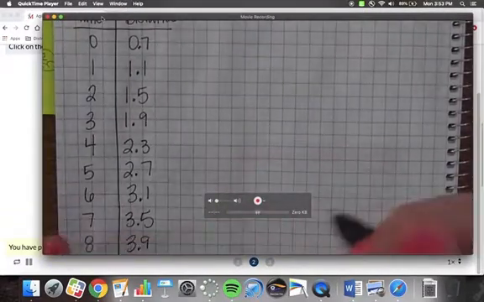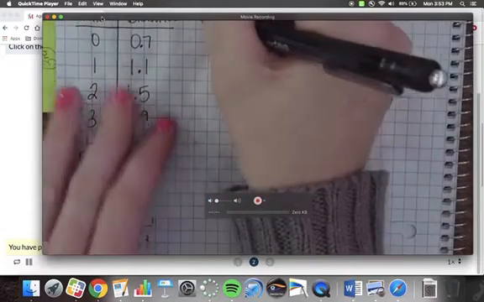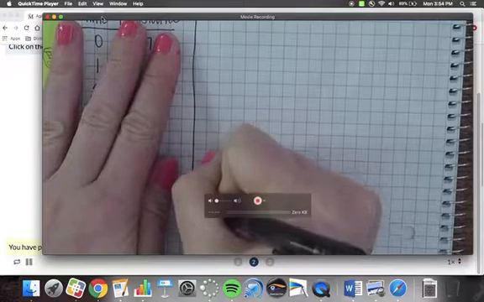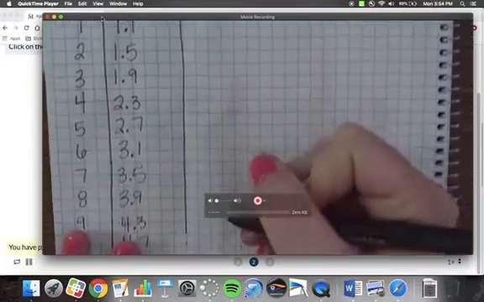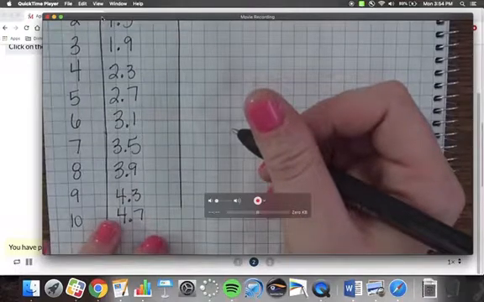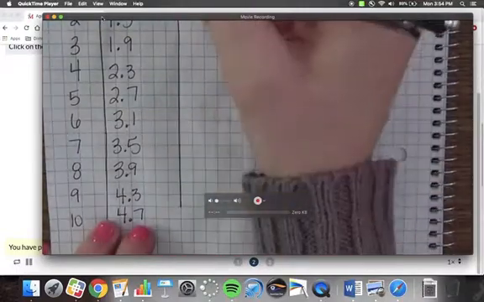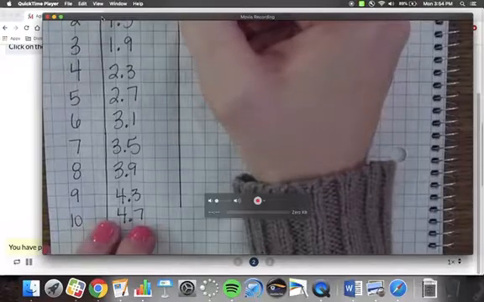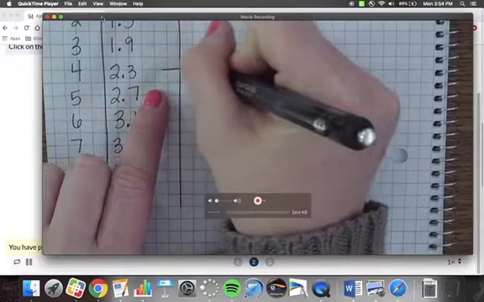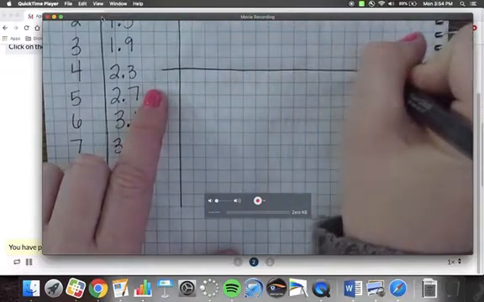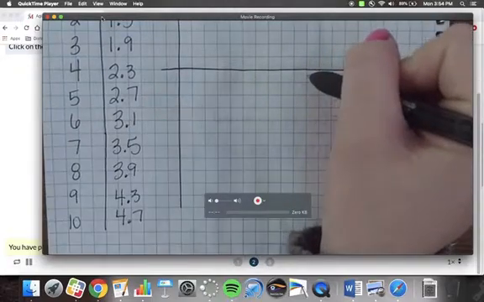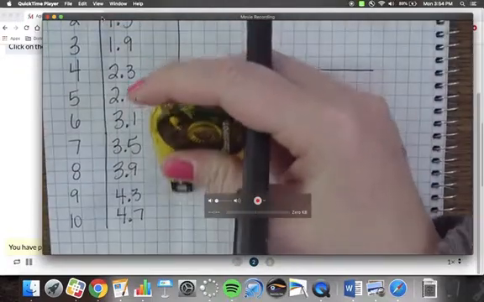Okay, so I'm going to graph it. Notice it goes from 0 to 10. If you do not have a graph paper spiral, then remind me to get out the graph stamps. So 1, 2, 3, 4, 5, 6, 7, 8, 9, 10. I really made that way too big. 1, 2, 3, 4, 5, 6, 7, 8, 9, 10. And I'm just going to white out because I made it way too big.